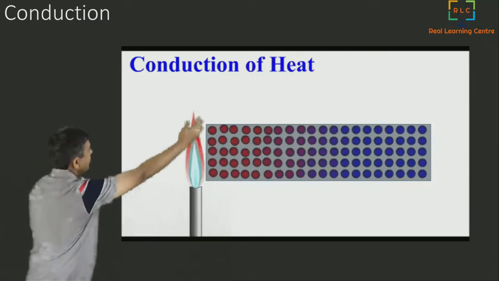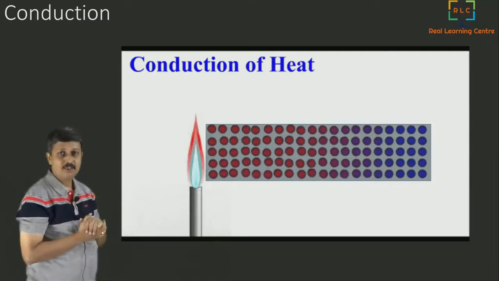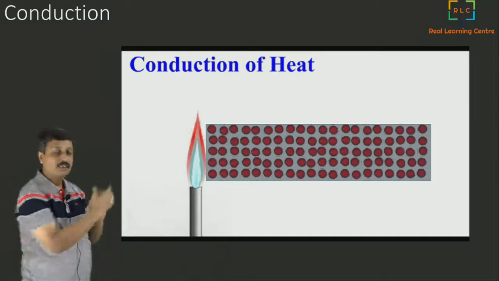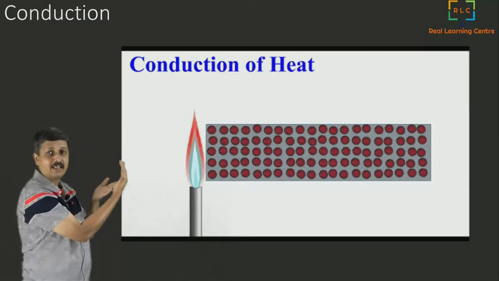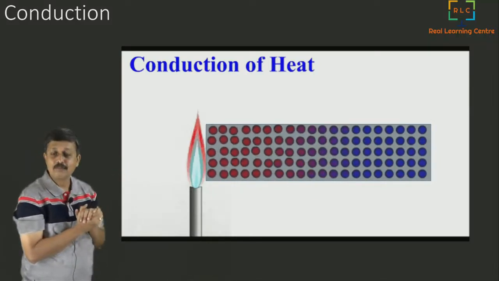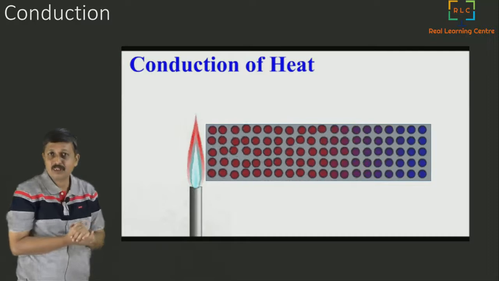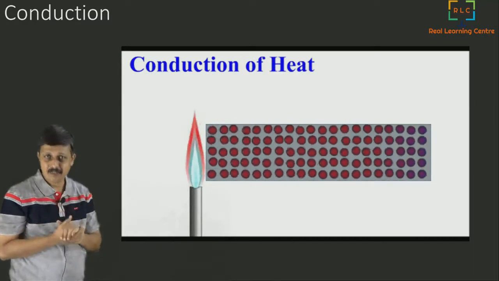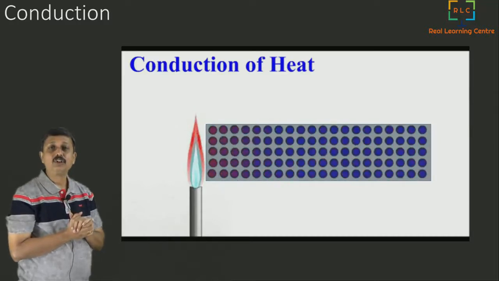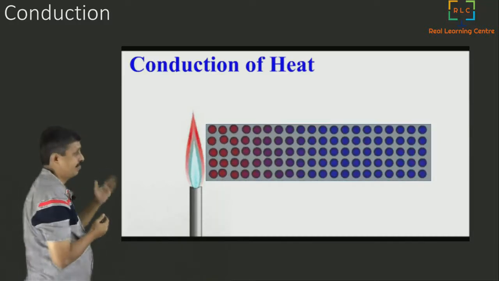So if you happen to touch the other side of the metal, the jiggling that is happening in the solid will get transferred onto your hand, and the molecules in your hand start jiggling. When that happens, you feel heat. That's when you feel heat, when the molecules jiggle on your skin surface. So this is one mode of heat transfer.